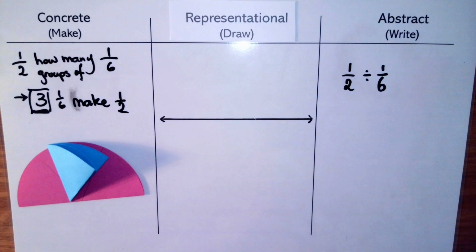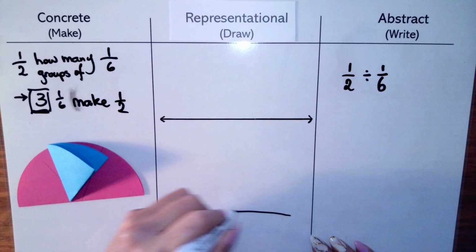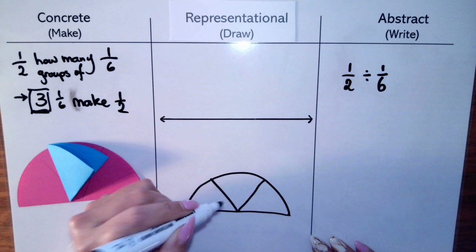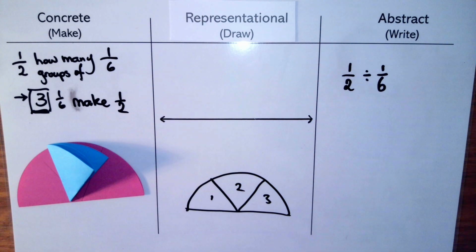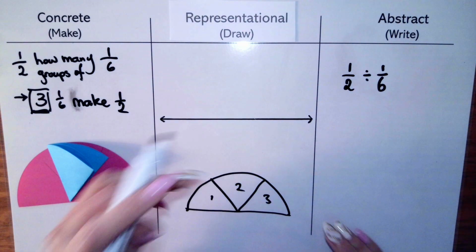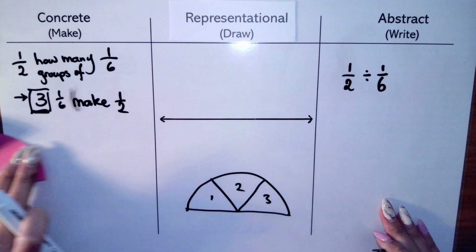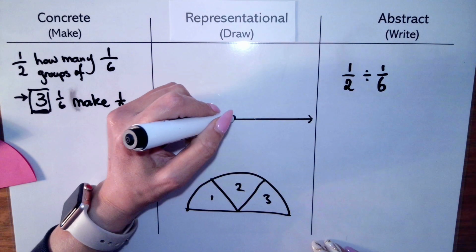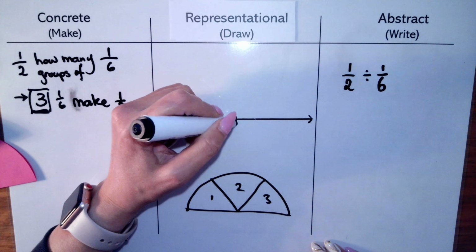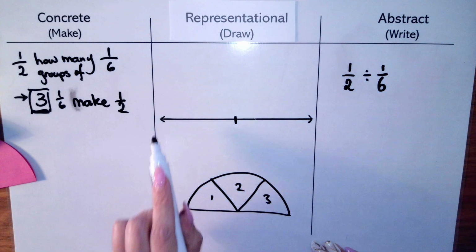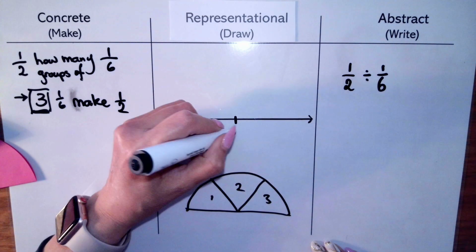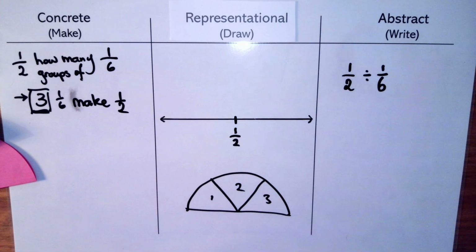Now, as always, you can get the students to draw this out: 1, 2, 3 one-sixths. Or I also like to get them to represent it as a number line, because on a number line you can see it in a different way. So here I want to know how many of these 1/6 will make up 1/2. Here's my 1/2.